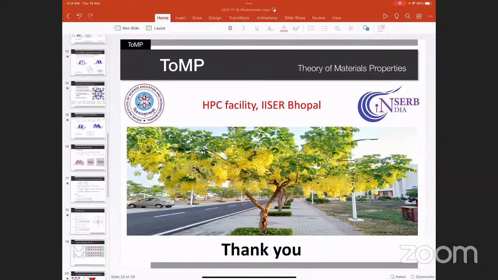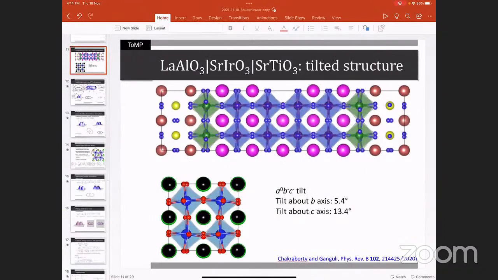For example, this one, here the lanthanum aluminate part is polar and the other parts are non-polar. So that leads to a charge transfer at the interface, and every constituent material in here is an insulator. But when we have this kind of heterostructure formed, because one part is polar and the other parts are non-polar, there is a charge transfer at the interface, and DFT takes care of this charge transfer quite well.